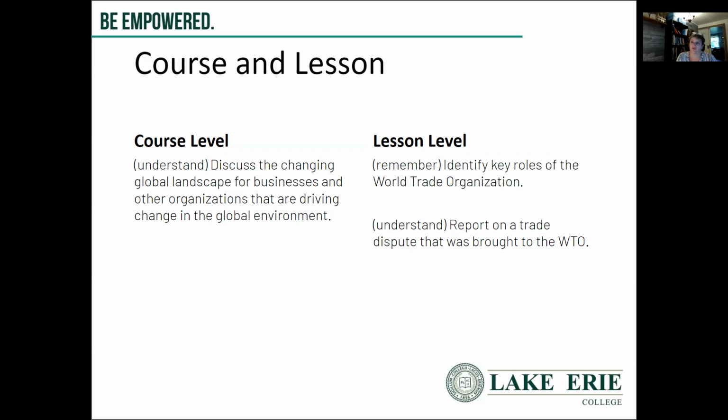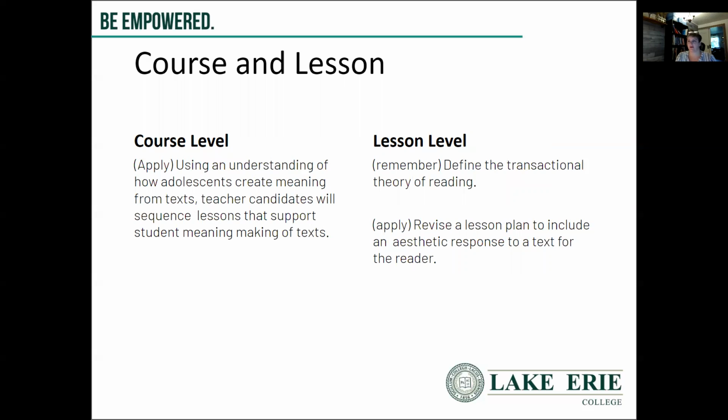We want to make sure that our course level objectives reflect the cognitive domain that we expect our students to be working in. Here's an example from one of my own courses. So I teach in the adolescent and adult program in the School of Education. And in that capacity, one of the things I do is teach the literacy courses for students who are going to be teaching in the high school levels.